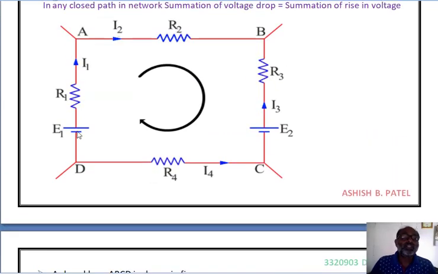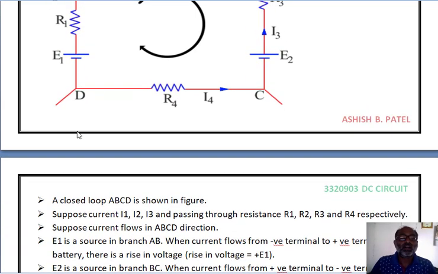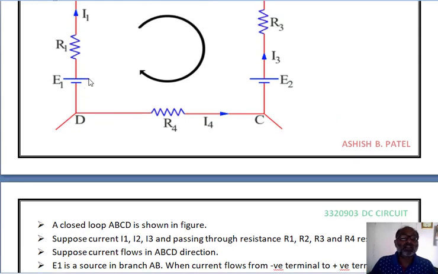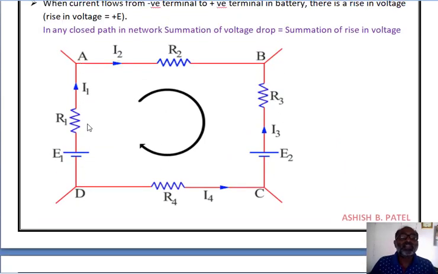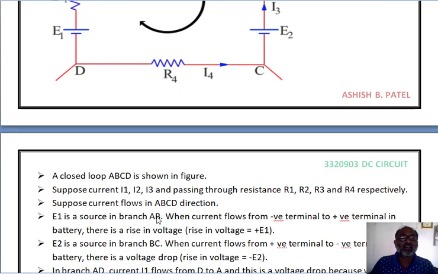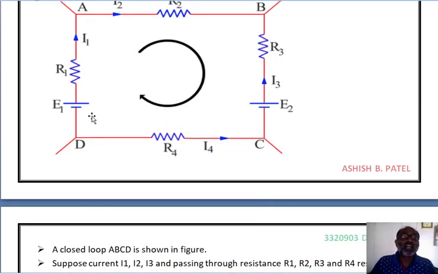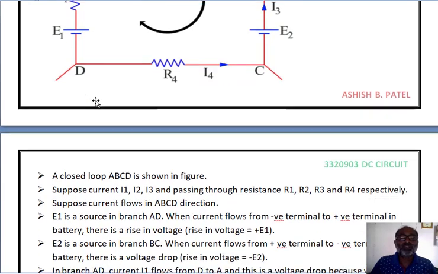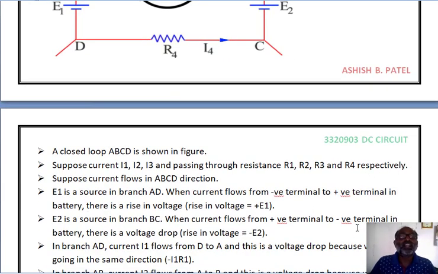Now E1 is a voltage source in the branch AD. Here that is your branch AD. So now when current flows from negative potential to positive potential, there is a rise in voltage.